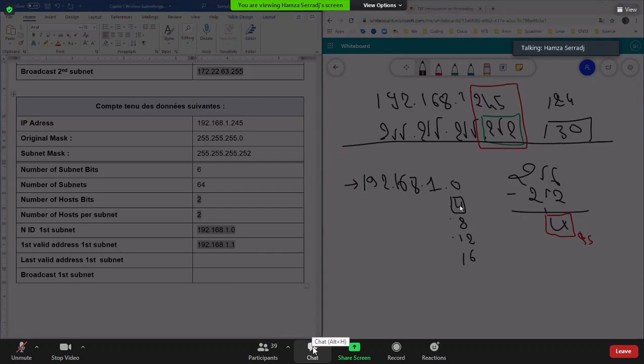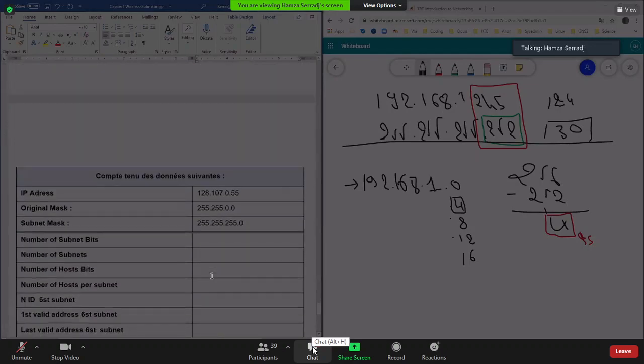Well, broadcast is 4 minus 1, which is 3, right? 192.168.1.3. And of course the last valid address in my network is 1.2. As you can see, I have just two valid addresses, the 1 and the 2. This is network ID 0 and the broadcast is 3. When I jump to 4, I'm already in another network, the next subnet.